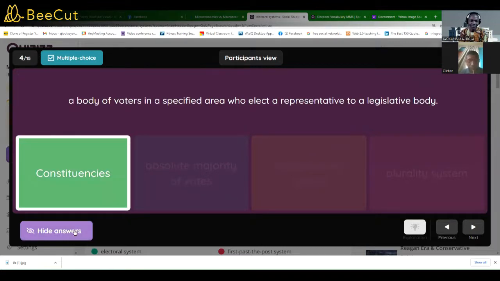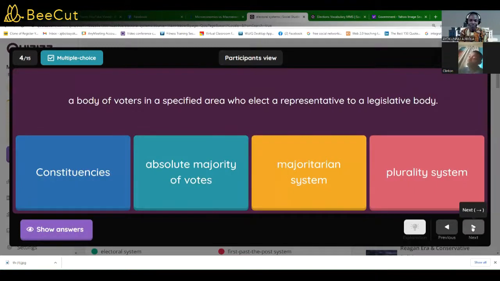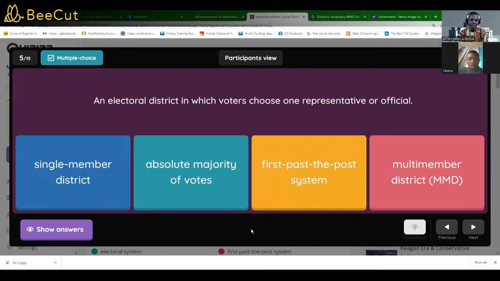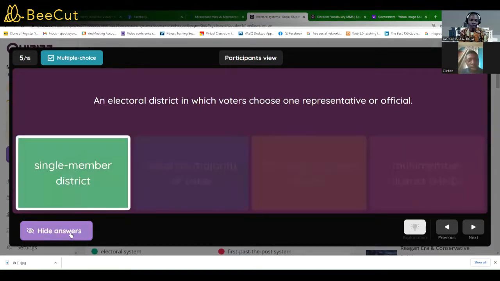Okay. Yes, sir. An electoral district in which voters choose one representative or official is a single member district.